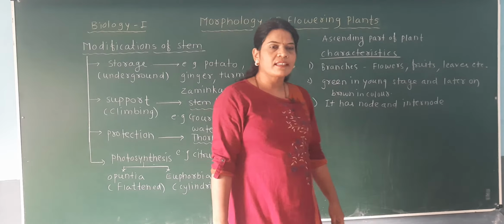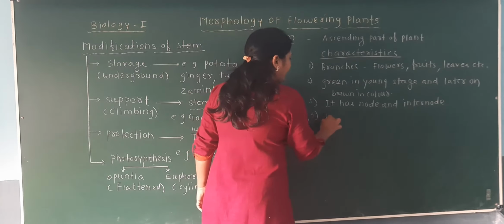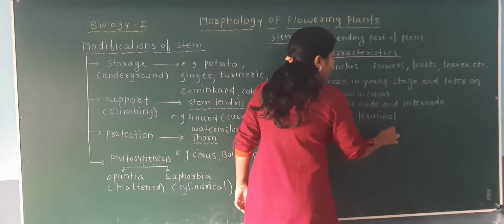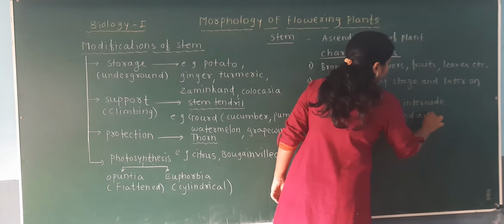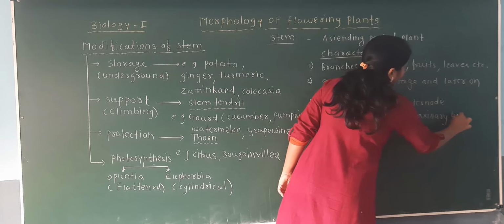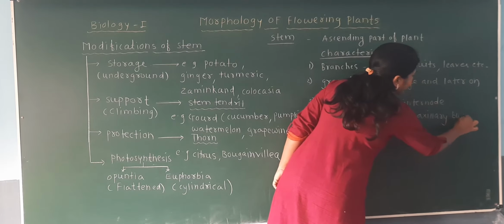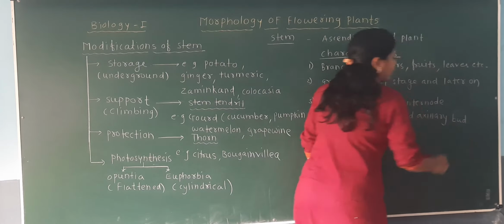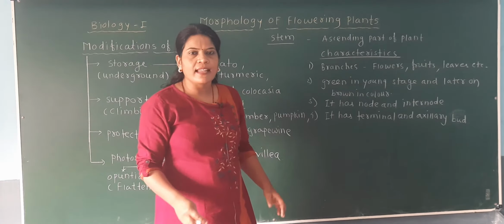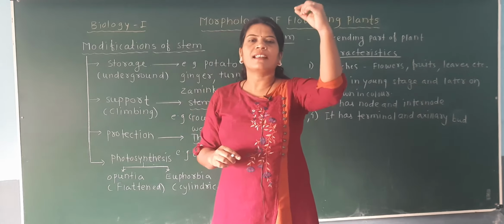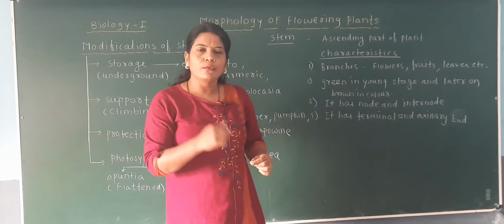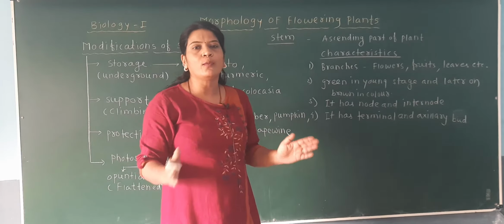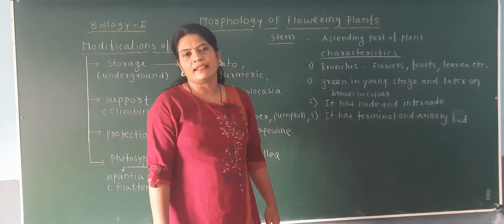One of the important characteristics of the stem is that it has terminal and axillary bud. When the bud is present at the apex or the tip of the stem, we call it a terminal bud, and when the bud is present in the axil of the leaves, we call it an axillary bud.